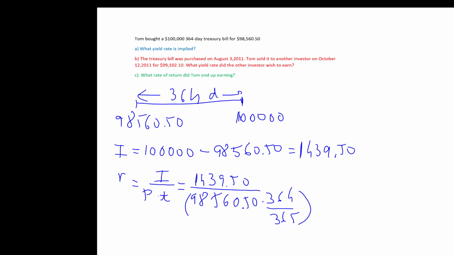So if we calculate this rate, we divide the overall return by, we open bracket, 98,560 decimal 50 times 364 divided by 365, we close bracket, equal. We multiply by 100 to have the rate expressed as percent.